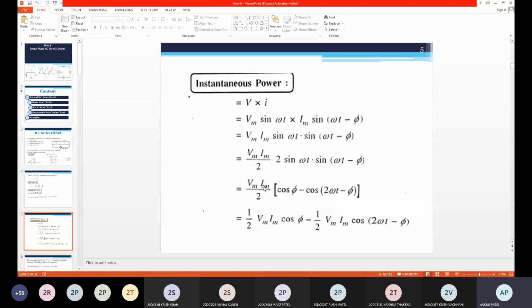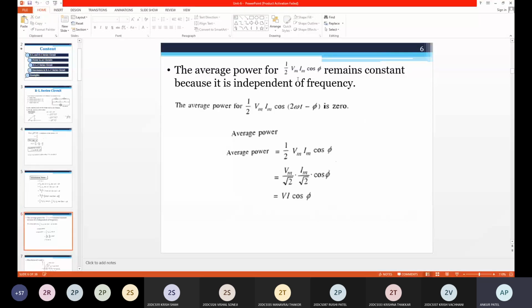We can write this by separating the terms: 1/2 Vm Im cos phi minus 1/2 Vm Im cos of 2 omega t minus phi. So here we have two terms. The first term is the useful term, your average power, and the second is your pulsating term, which is not useful, so we can consider it 0. So the average power P is equal to 1/2 Vm Im cos phi.